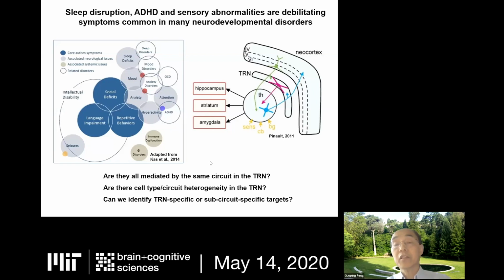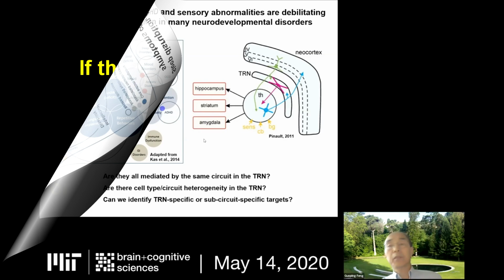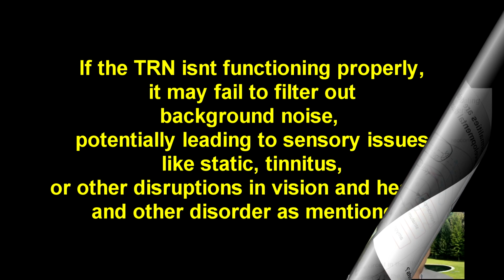In my second part, I'm going to talk about our recent study, in which we used single cell analysis to identify distinct networks in the TRN. This helps us think very differently about how we can modulate TRN function.